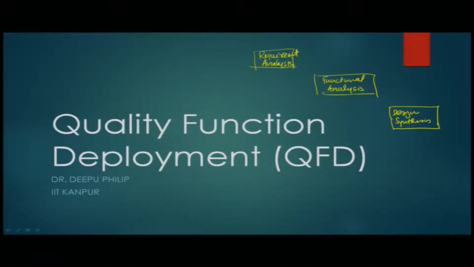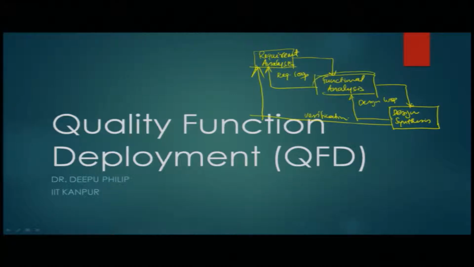We had requirement analysis to functional analysis as the requirement loop, and then functional analysis to design synthesis and back as the design loop, and we had the verification loop like this.